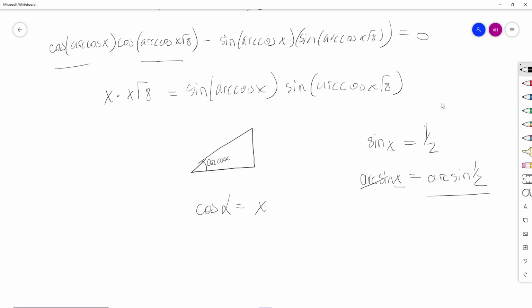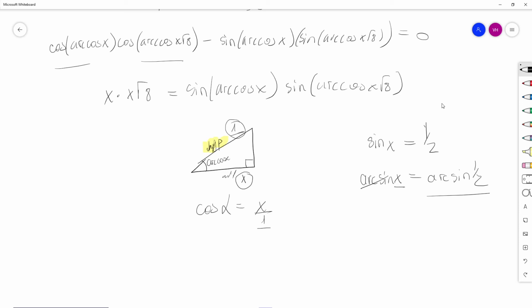Now, cosine of this angle would be, since it's a 90-degree triangle, adjacent over the hypotenuse. So since we don't have a denominator here, it's 1. And from that moment on, we can already say that the hypotenuse, which we have right here, is 1, and x then is the adjacent.